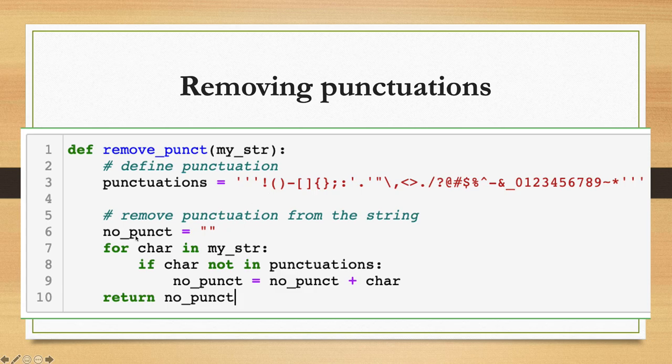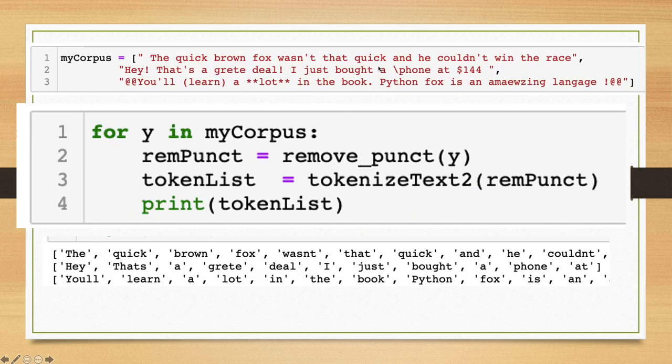Then you remove the punctuation if a character is not in punctuations, one at a time. You add those characters into your no-punctuation string variable. And what will happen if you've added a space? Your corpus, your text, becomes one whole long word. So this is the function for removing punctuation.